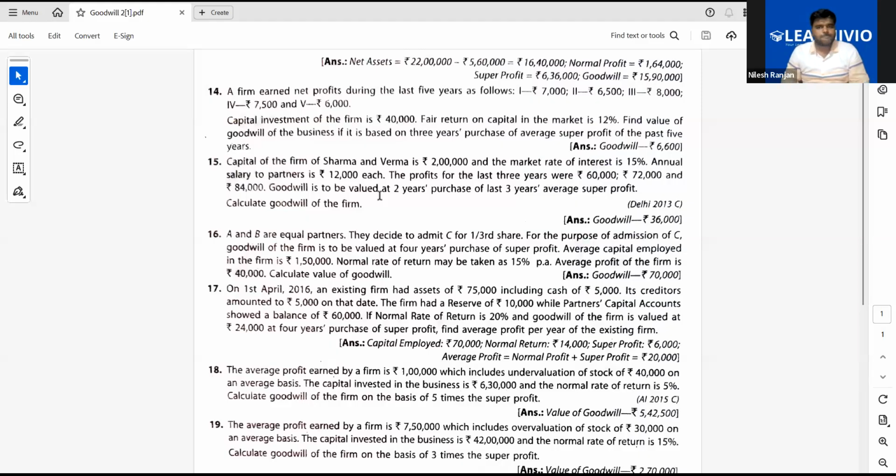Question number 14, super profit. 15, super profit.